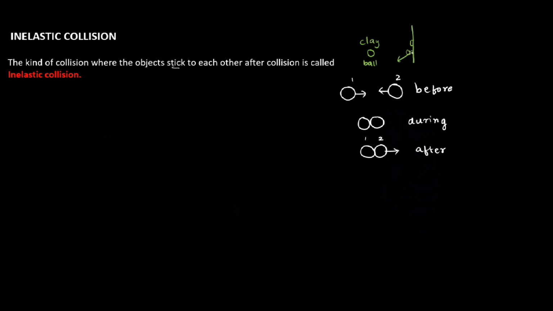The ball will bounce back from the wall, whereas the clay will stick to the wall. So clay is an example of inelastic collision. Whereas the ball here is an example of elastic collision because it will bounce back from the wall.